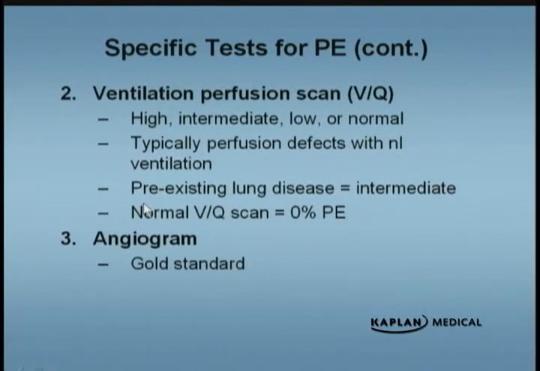So I want you to remember that. Second of all, I want you to remember another reason why we don't like to do the ventilation perfusion scan. Because if a patient has pre-existing lung disease, so they have a ventilation problem already, like COPD, let's say, or some kind of interstitial lung disease. They have a lung disease already. These patients would have minimum an intermediate scan. The reason is because in certain areas where there's lung damage in the parenchyma, there's ventilation defects there.